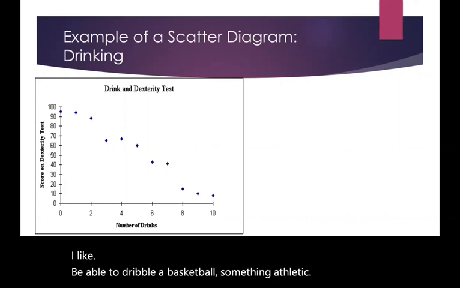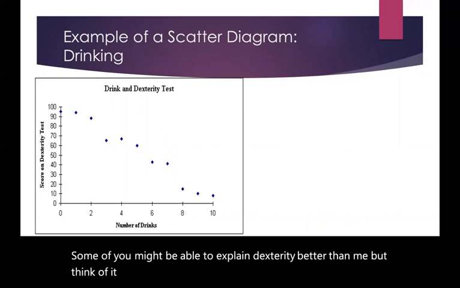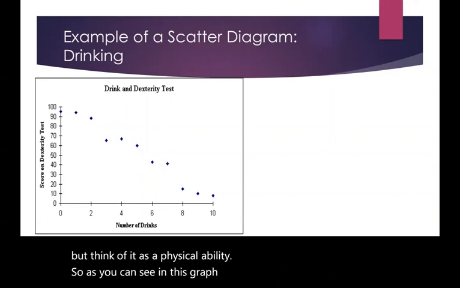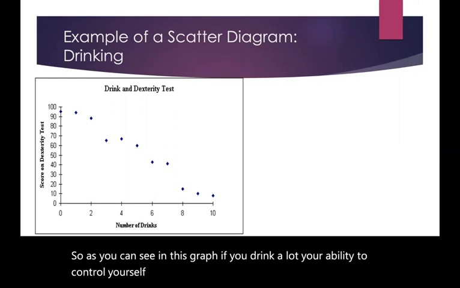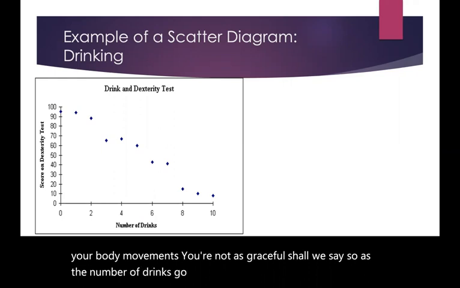Some of you might be able to explain dexterity better than me, but think of it as a physical ability. As you can see in this graph, if you drink a lot, your ability to control yourself goes down, right? You have less ability to control your body movements. You're not as graceful, shall we say. So as the number of drinks goes up, your ability to really function goes down.